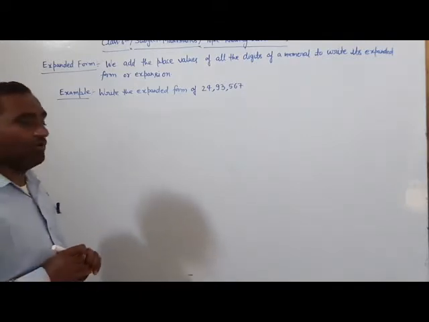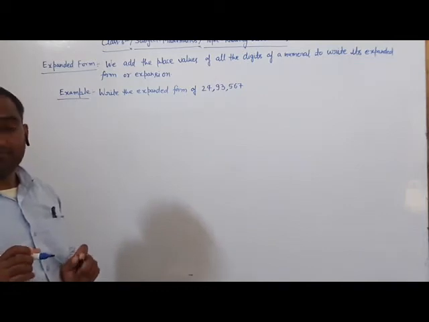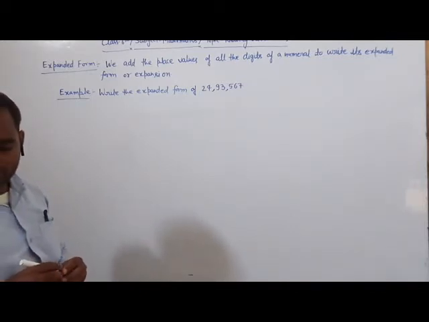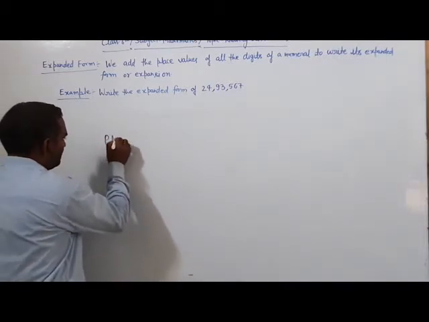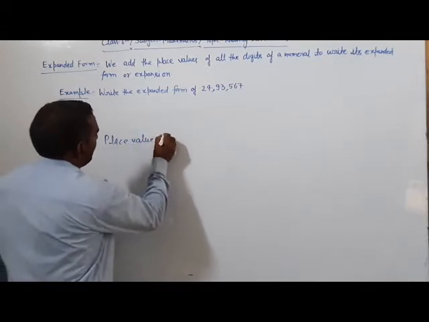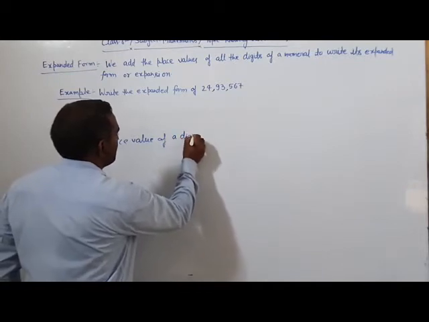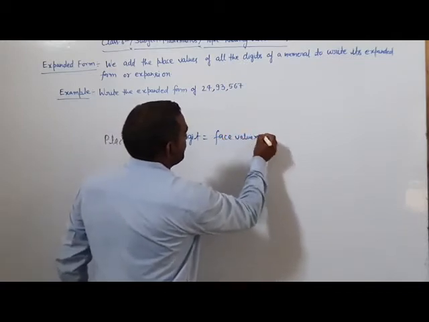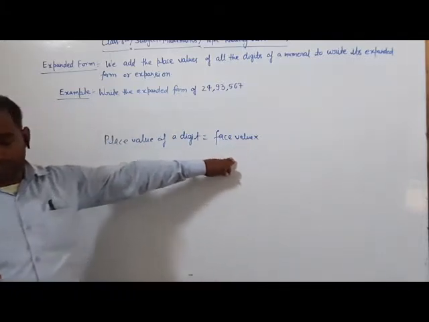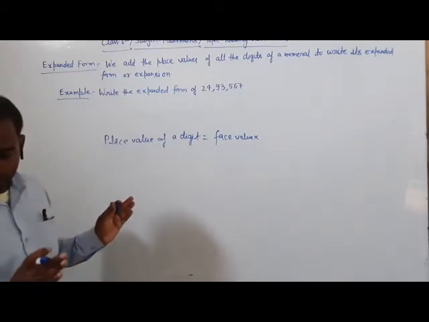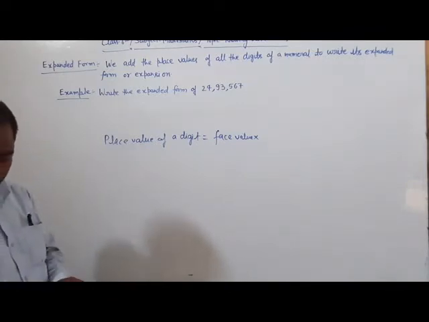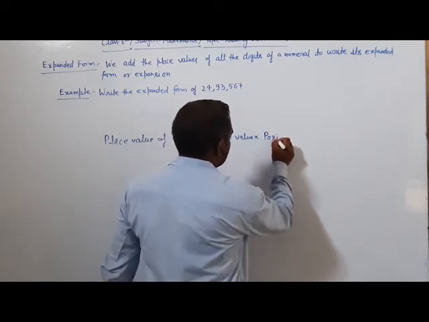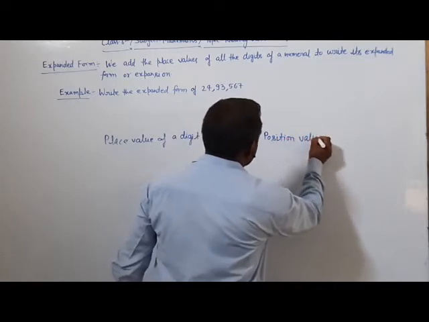So what is the place value? Place value of a digit is equal to face value into position value.